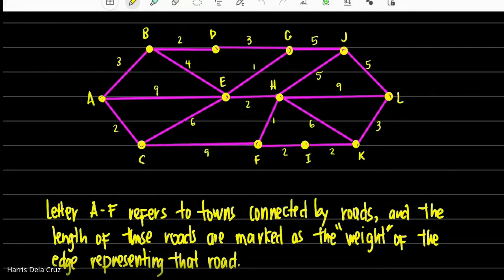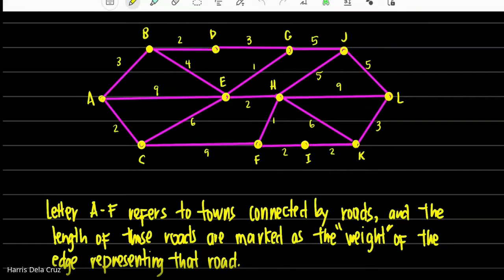Hindi naman necessary na ganyan talaga kahaba. Minsan, syempre, nire-represent lang natin yung mga segments or edges as straight path. Pero in real life, hindi naman talaga straight yung mga road, di ba? So, yung topographical na itsura ng graph, not necessarily translated in a real life situation.